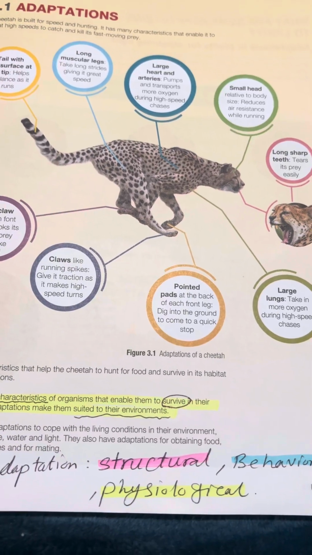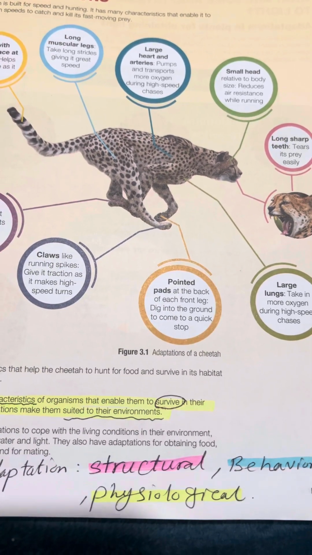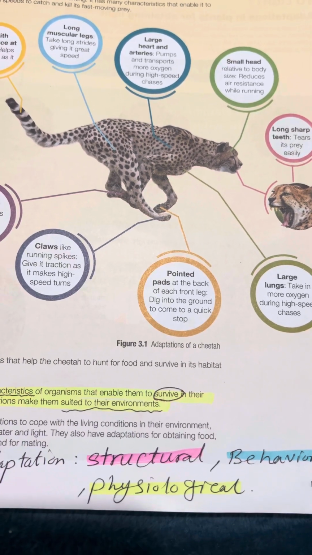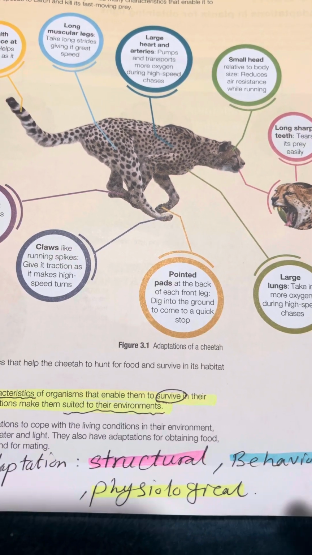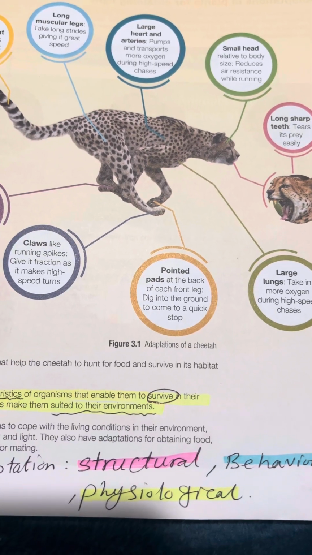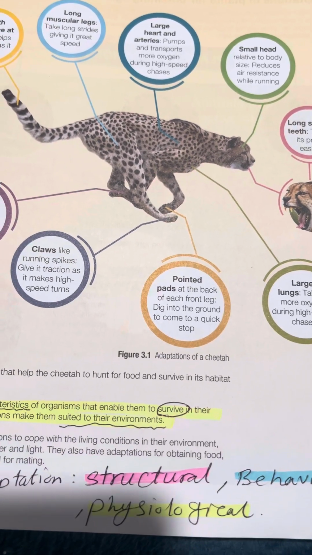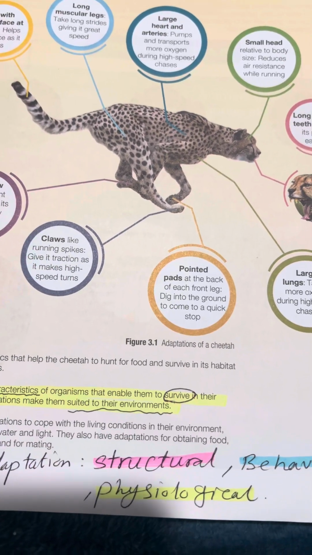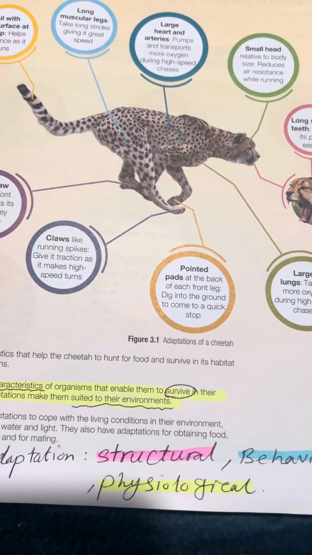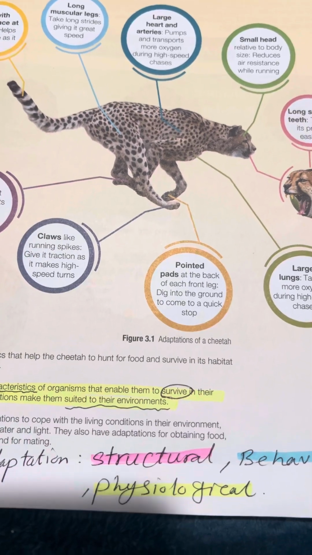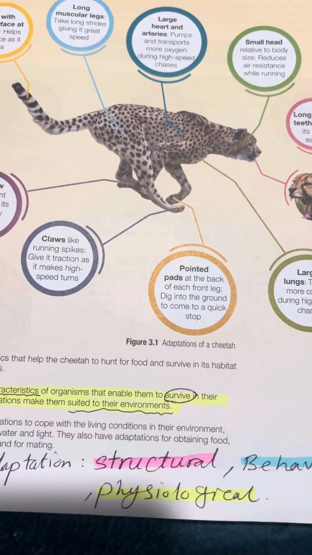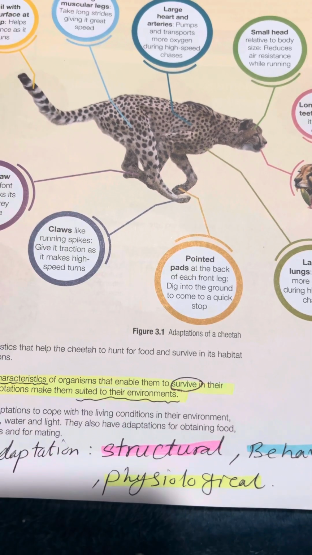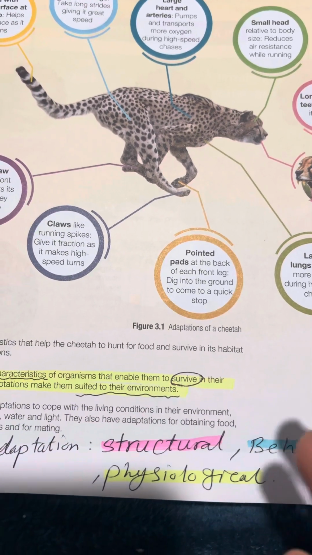Physiological means a process done by the body, and mostly an internal process, or controlled internally, like sweating. Why do we sweat? To reduce the temperature of the body. So sweating, or transpiration for the plants, is physiological, because it's a process done by organs of the body, or an internal process done by the body to adapt.